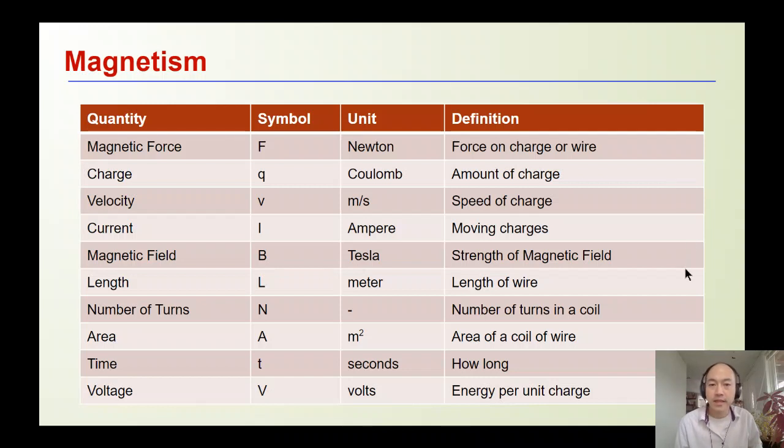So that's it for this unit. Here are a bunch of the terms that we introduced here in magnetism.